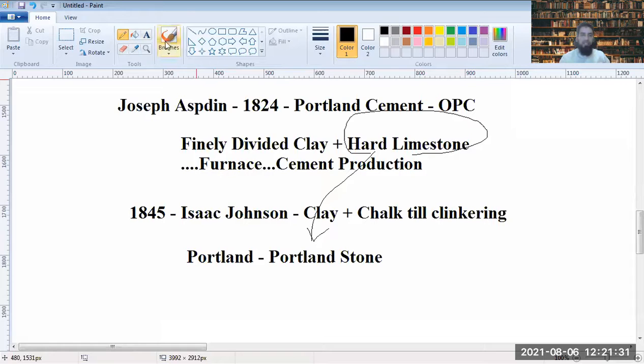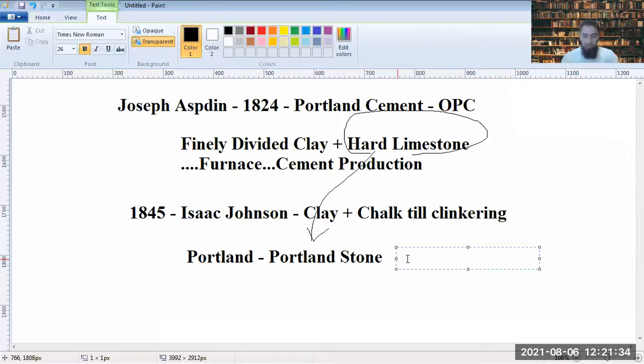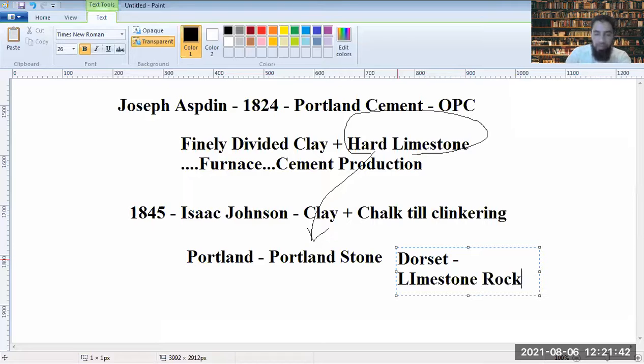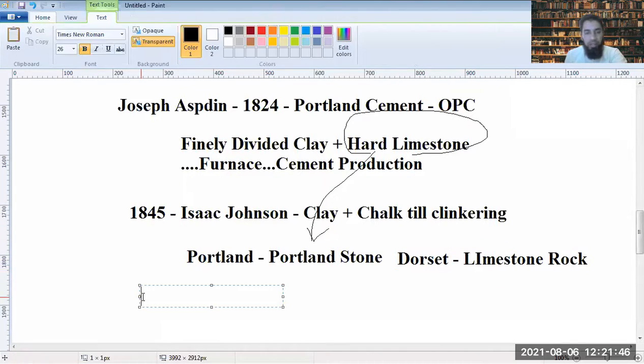This place is somewhere near Dorset, and it is actually a limestone rock. You can check which country Dorset belongs to; I can't recall. So it is a place near Dorset where this Portland stone was directly obtained, and the cement material was produced by Isaac Johnson after Joseph Aspdin.